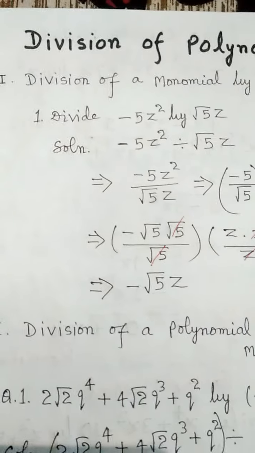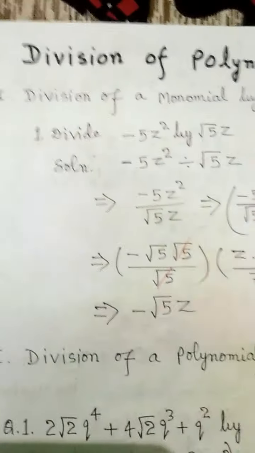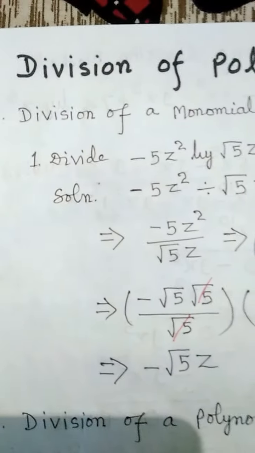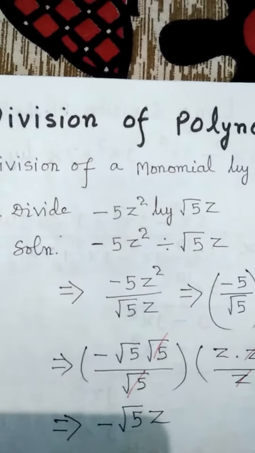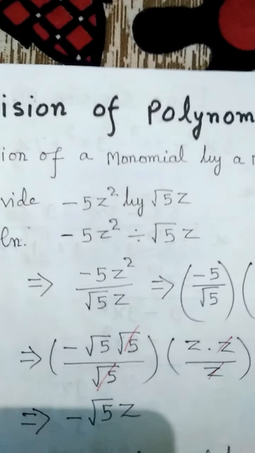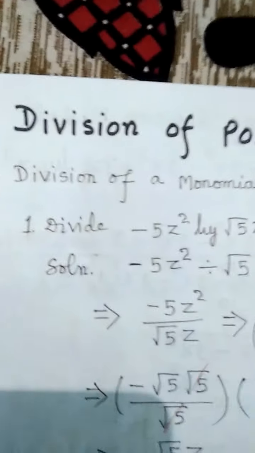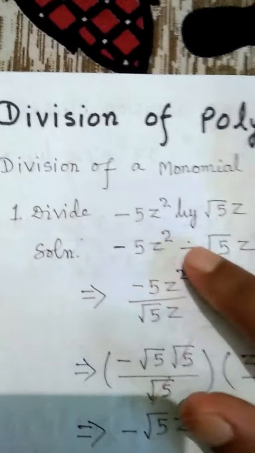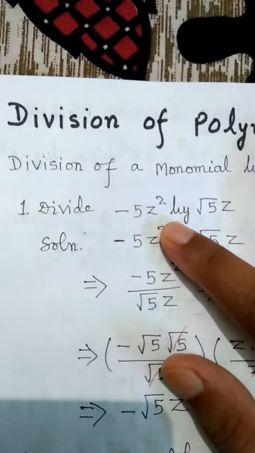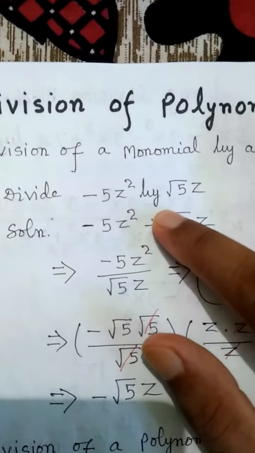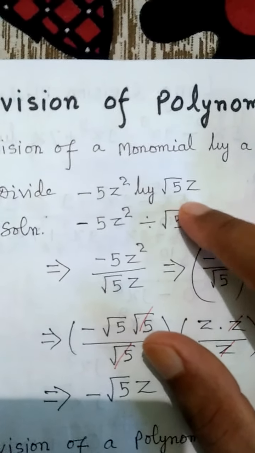Let us take the first example related to a monomial when it is divided by a monomial. See, minus 5z square is going to be divided by root 5z.